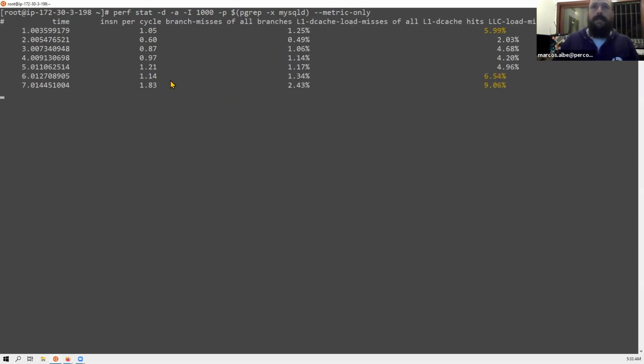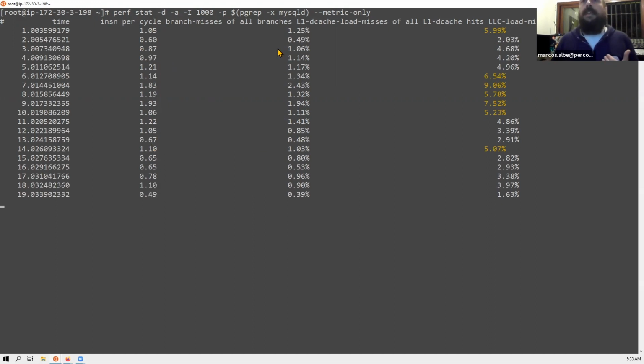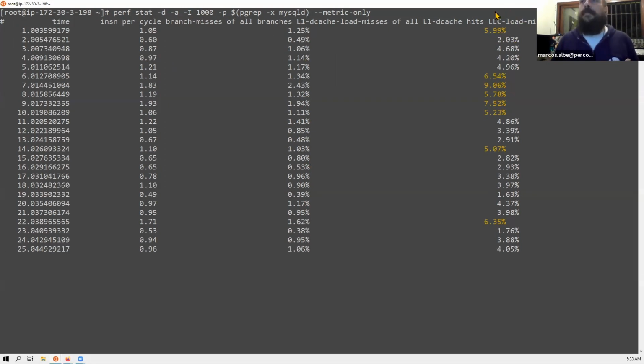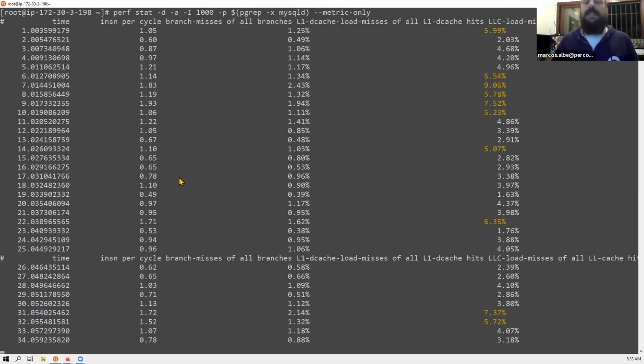That looks more reasonable. Okay, so this is doing more than one instruction per cycle, which is what we spoke about before regarding pipelining, right? It's suffering very few level 1 cache misses, and some last level load cache misses. We could also look at branch mispredictions and the TLB.